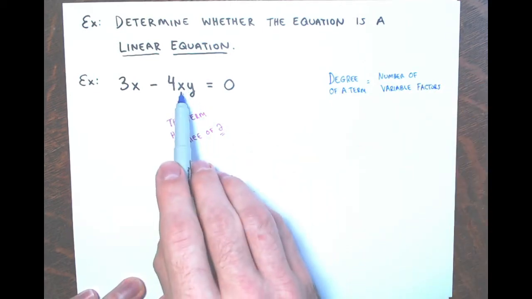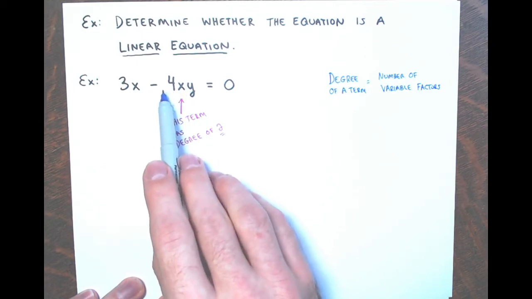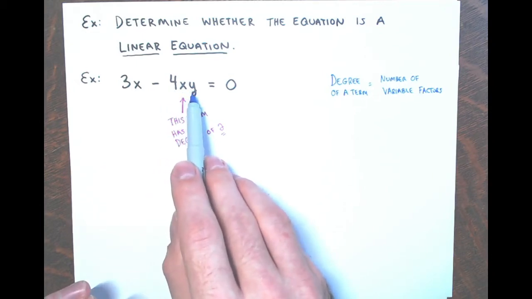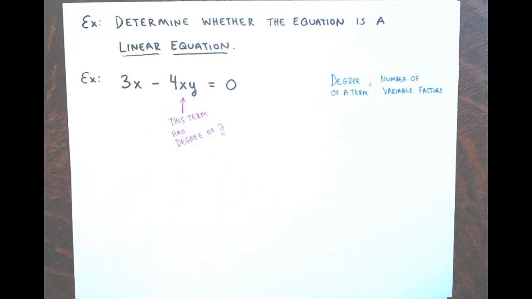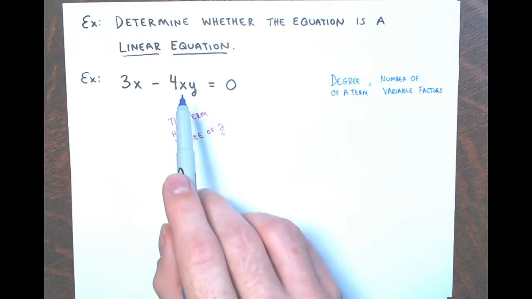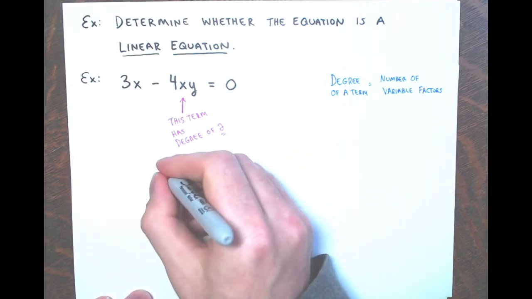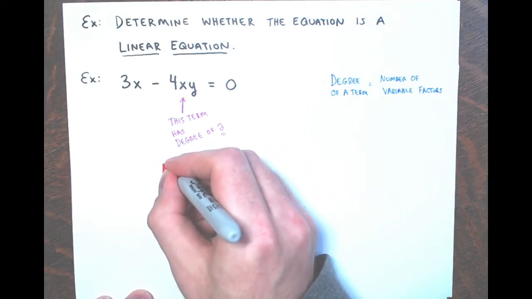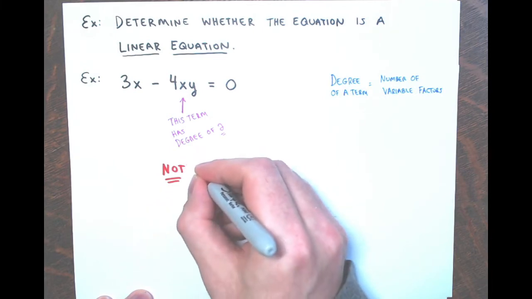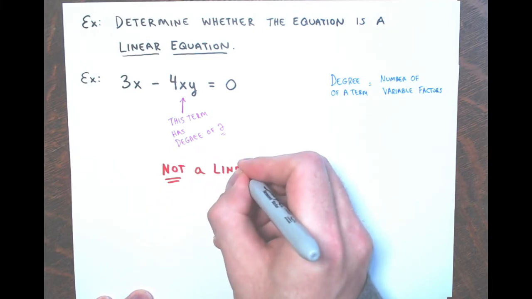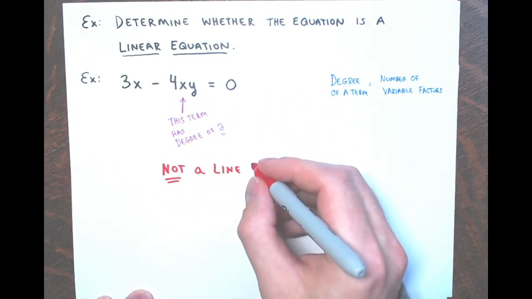This term here, this product, is negative 4 times x times y. It has 2 variable factors, not 1. So because of this, not every term with a variable has a degree of 1. This equation is not a linear equation, again because of that term with the x times y in it.